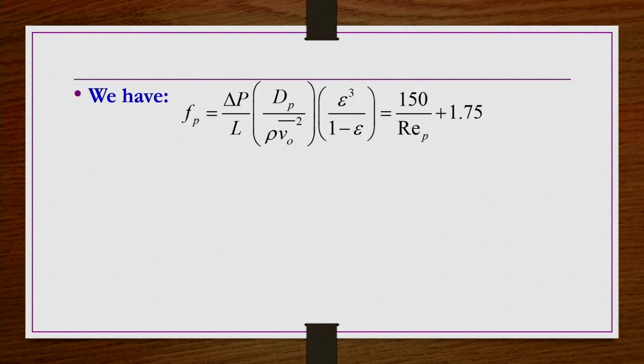Now we have this equation, fp equals 150 by Rep plus 1.75. We need to find delta P; we were not asked to find the friction factor. So we have to rearrange this equation in terms of mass velocity, because here also we have the V naught bar term, which is not known.